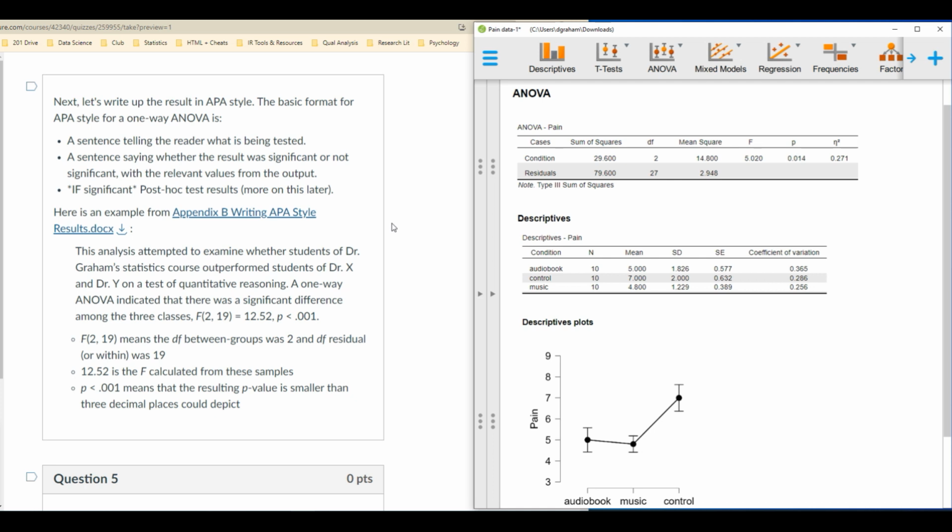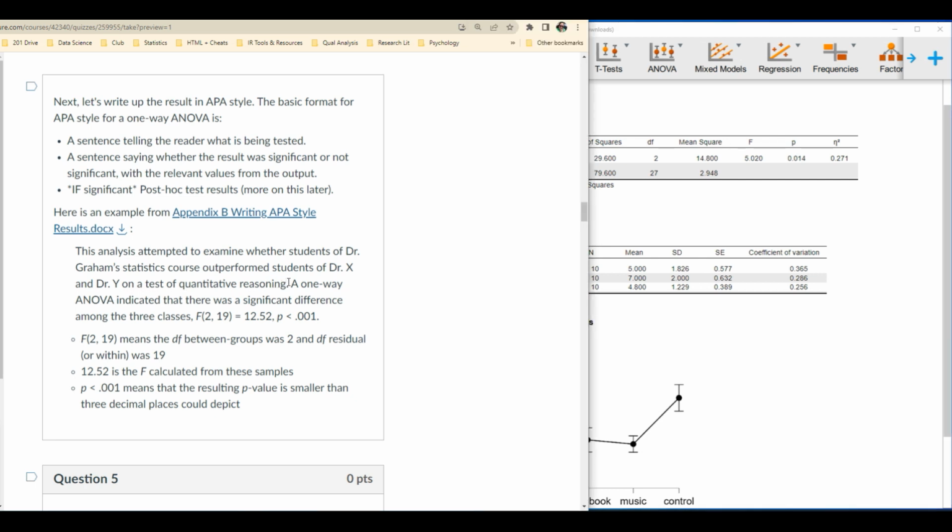Why are you conducting this analysis? We can see an example of this here. This analysis attempted to examine whether students of Dr. Graham's statistics course outperformed students of Dr. X and Dr. Y on a test of quantitative reasoning. And this is a completely made up example. But you'll note that that first sentence is really telling the reader, this is why we did what we did, or this is what we did.